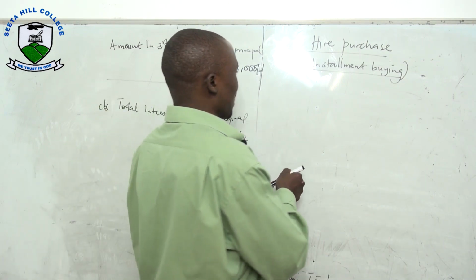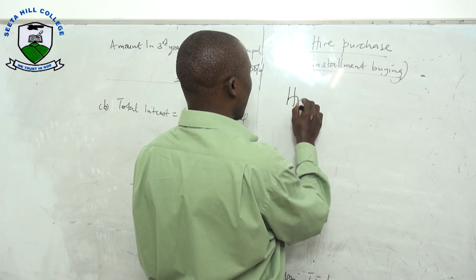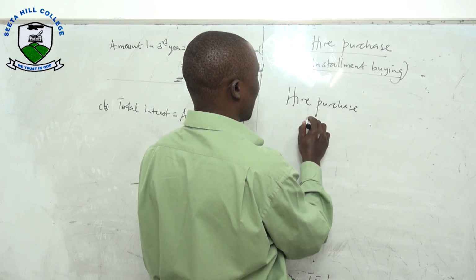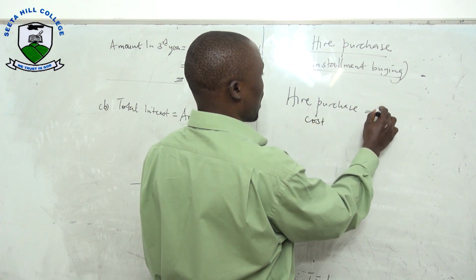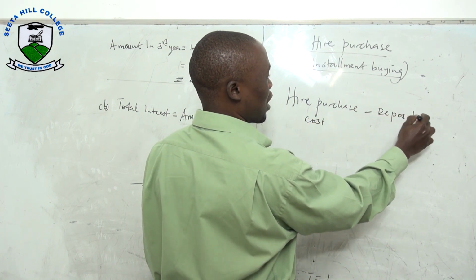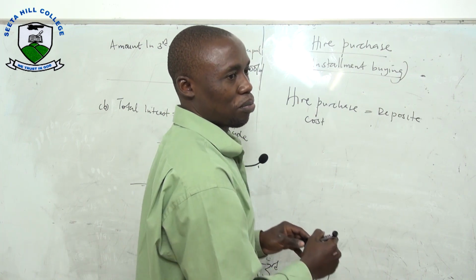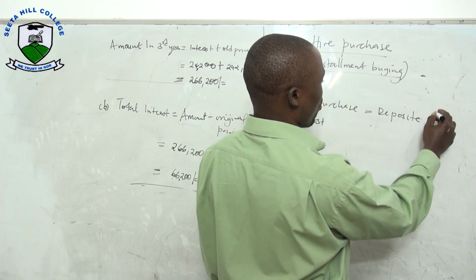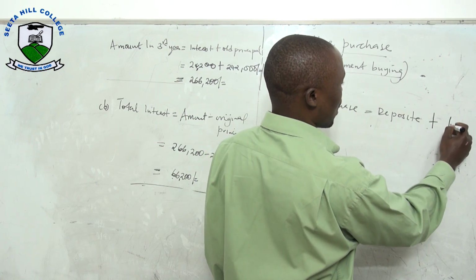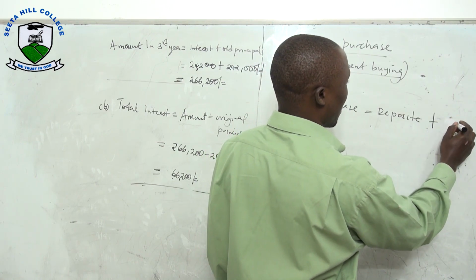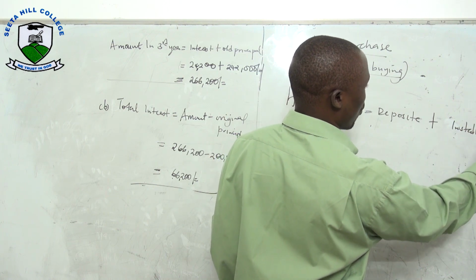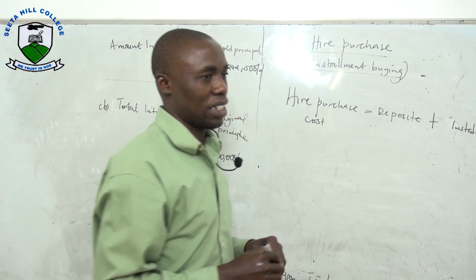Now, normally, as he said, in hire purchase cost, you first pay what? A deposit, not so? After paying a deposit, you finish the others in installments.